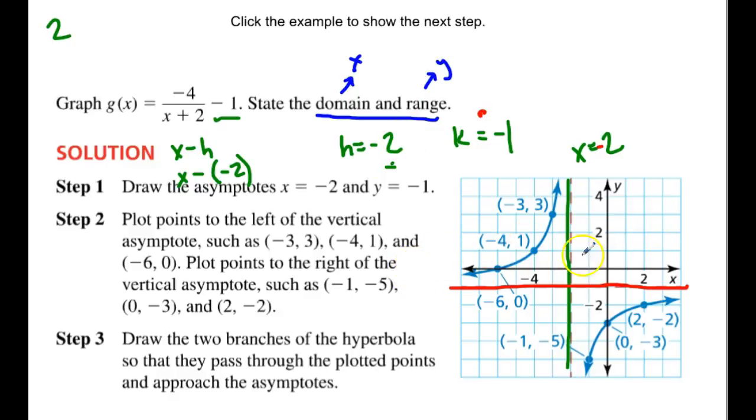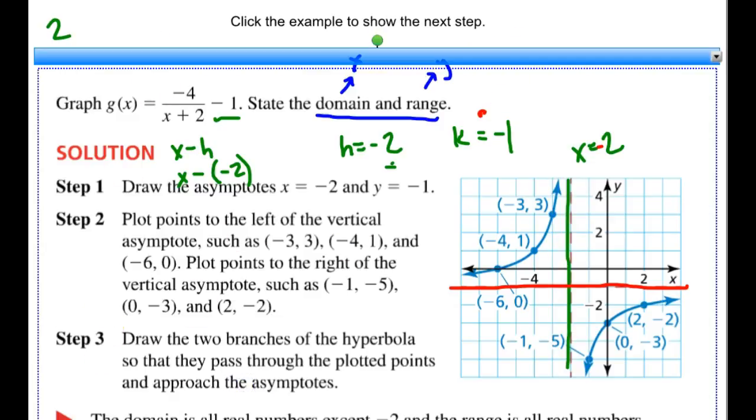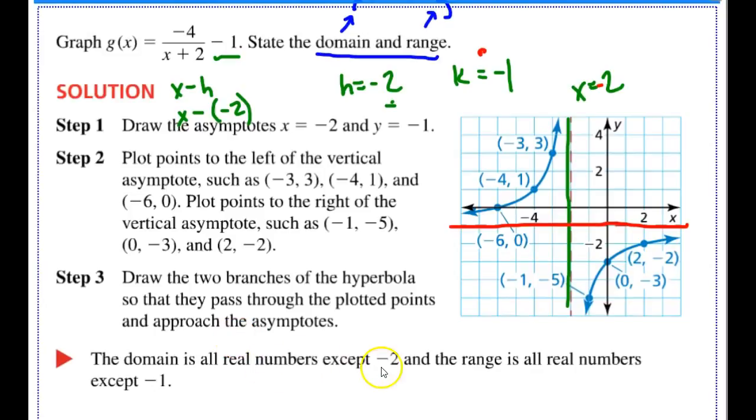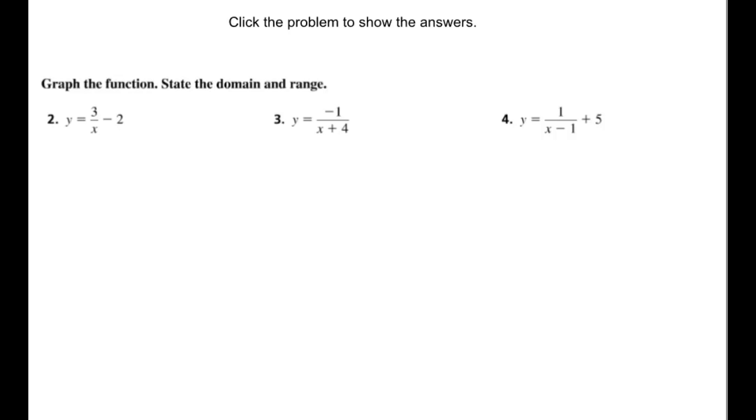So it's everything going back and forth. So I see that my domain is everything except for this h value, right? Because that's my asymptote. So my domain is going to be all real numbers except negative 2, which is my h value, and the range is going to be all real numbers except negative 1, which is my k value. So this h and k also tell you about your domain and range.